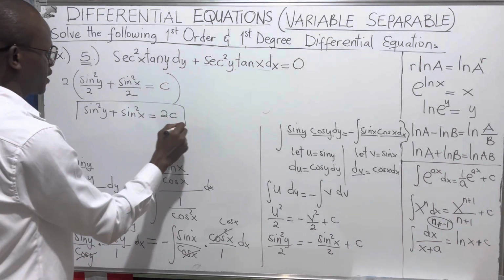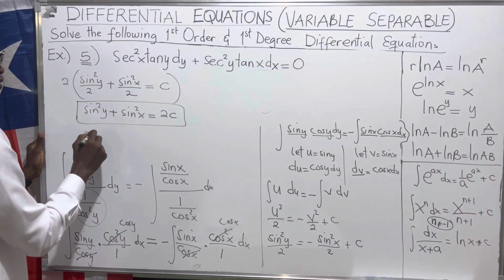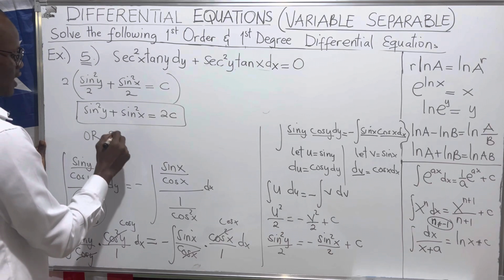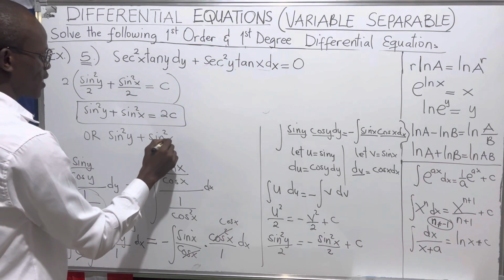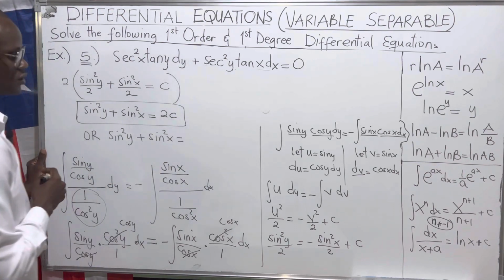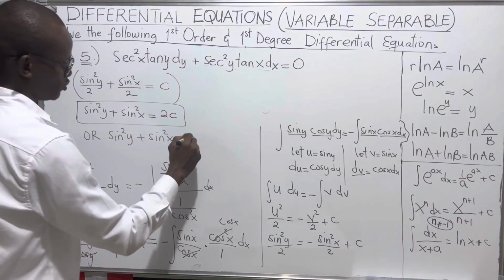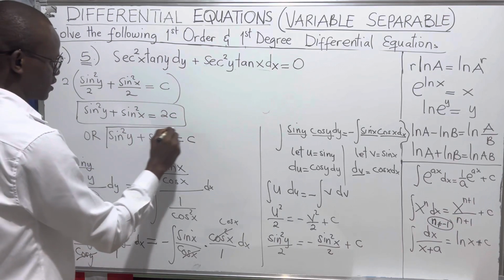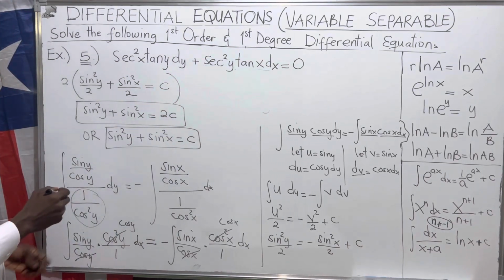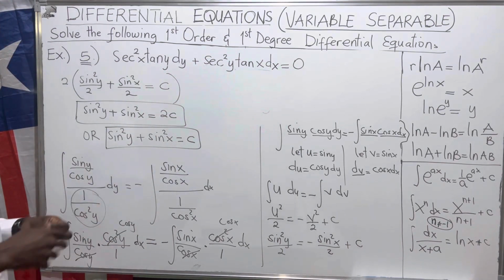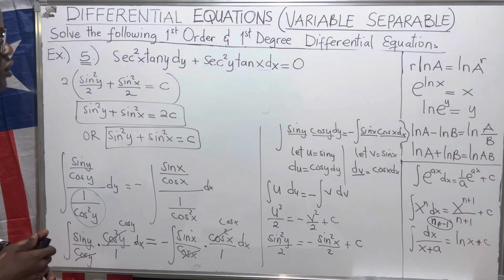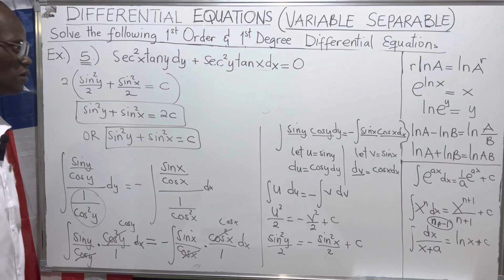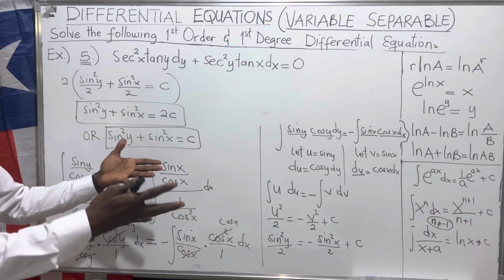So you can stop here, or you can say sine squared y plus sine squared x all equal to just arbitrary constant c, instead of saying 2c or 3c and so forth. Just c. So this is how we find the general solution using variable separable for question number 5.